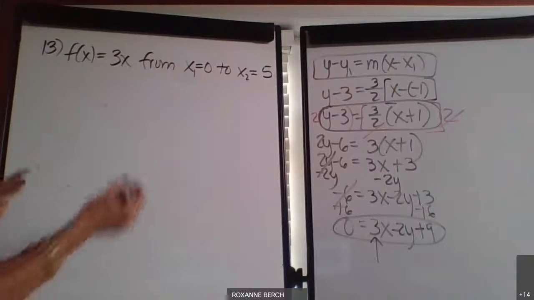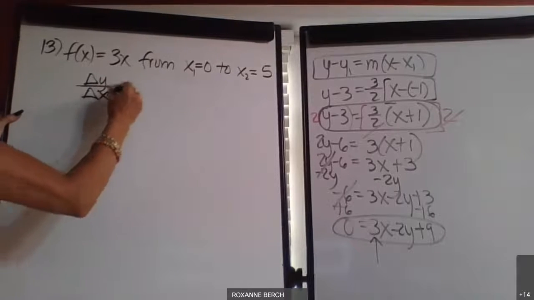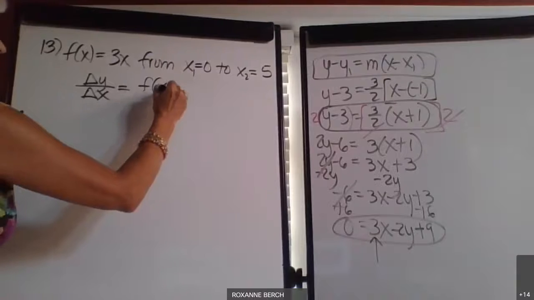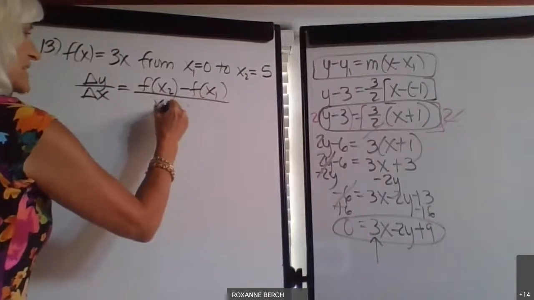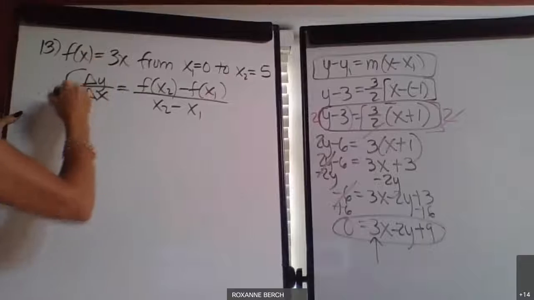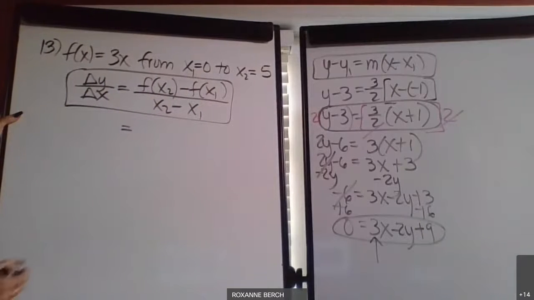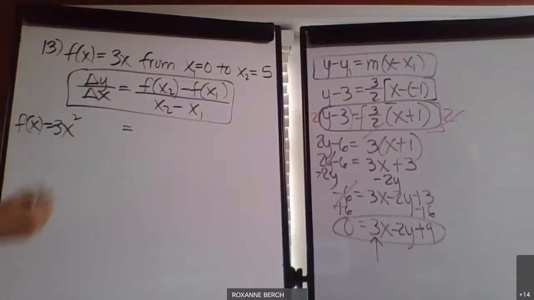Okay, what's the formula for average rate of change? Isn't it delta y over delta x? And isn't that f of x sub 2 minus f of x sub 1 over the change in x? So the function we're going to use to evaluate, and yesterday and the day before I was evaluating quadratics.